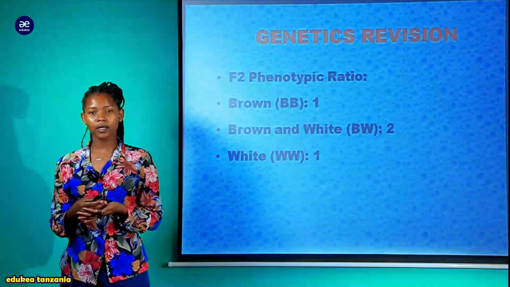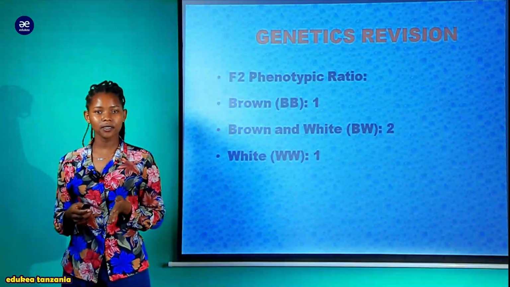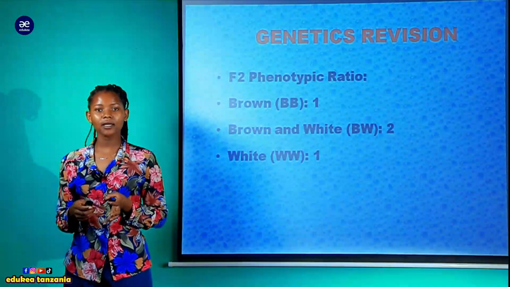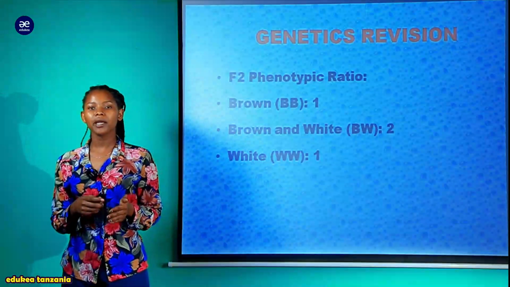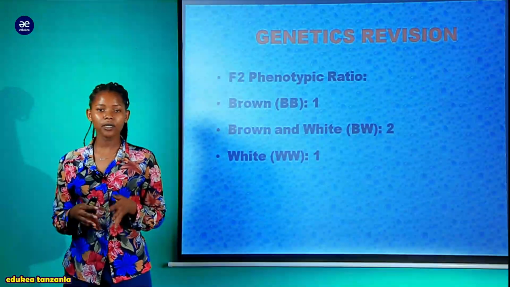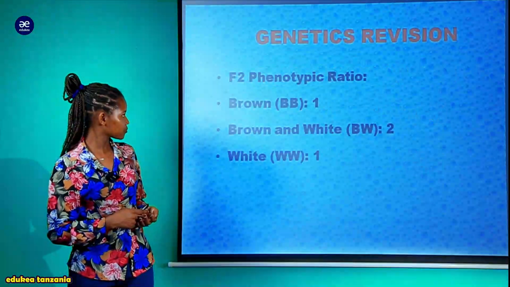Ukifuatilia katika media yetu Educare Media utaona kwamba this white and brown mchanganyiko wake inatuletea organism ambaye ana madoa ya brown na ana mchanganyiko wa madoa ya brown na madoa meupe.